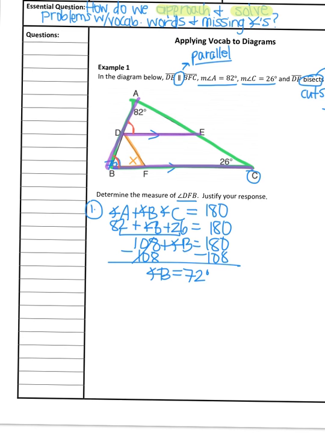So where that purple angle turns by D and where the purple angle turns by B, those are corresponding angles. So I can also label this angle up here as 72 degrees.